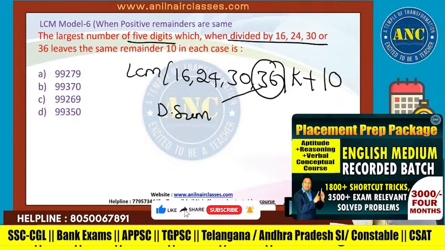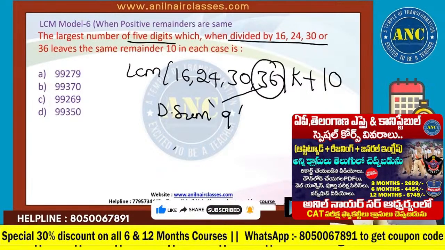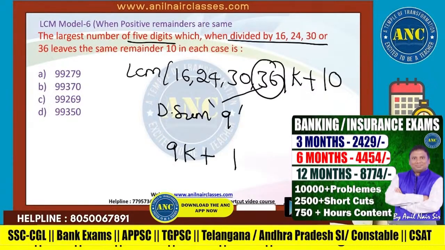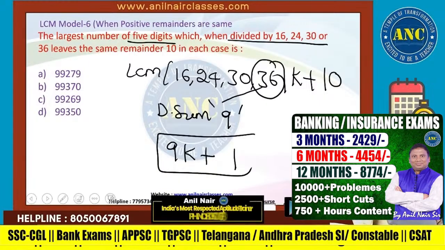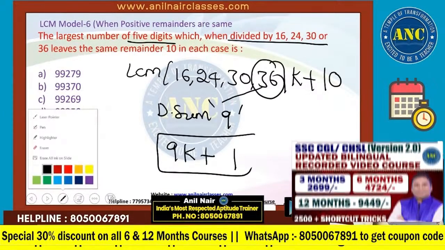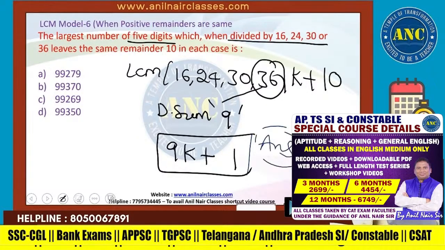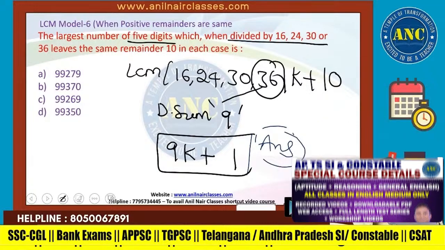If one number's digital sum is 9, the answer's digital sum should also be 9. 9 into k. 10 divided by 9, remainder is 1. The answer, when divided by 9, should give remainder 1.